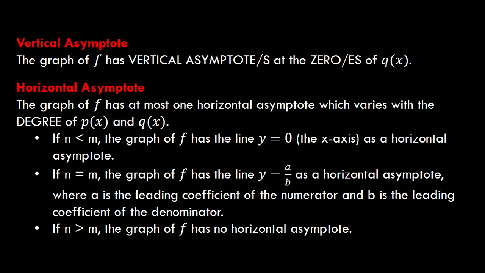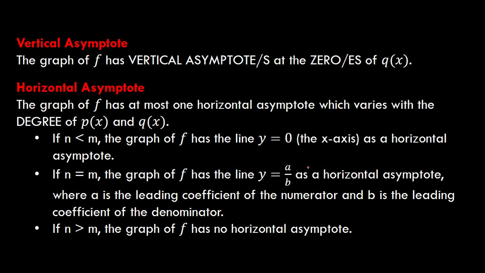So given that n is less than m, the line y equals 0, or the x-axis, is the horizontal asymptote. But if the degrees of the numerator and denominator are equal, we take the leading coefficients, and we have y equals a over b, where a is the leading coefficient of the numerator and b is the leading coefficient of the denominator.